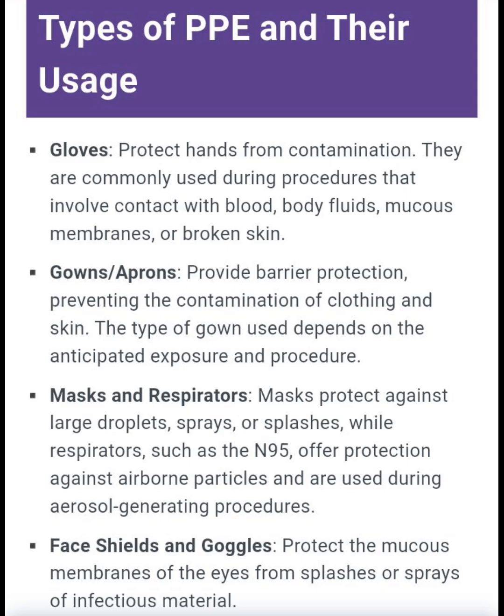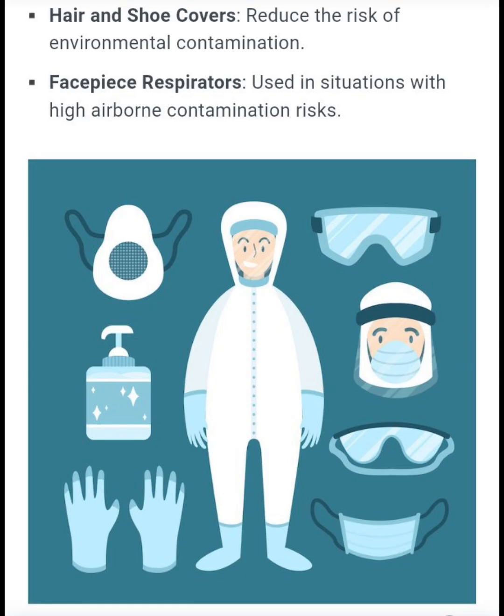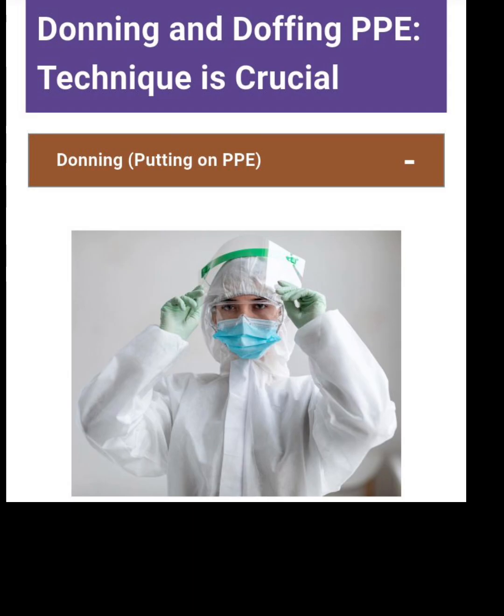These protect the mucous membranes of the eyes from splashes or sprays of infectious material. 5. Hair and shoe covers. They reduce the risk of environmental contamination. 6. Face piece respirators. They are used in situations with high airborne contamination risk.